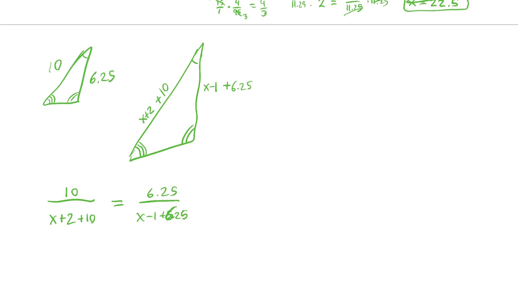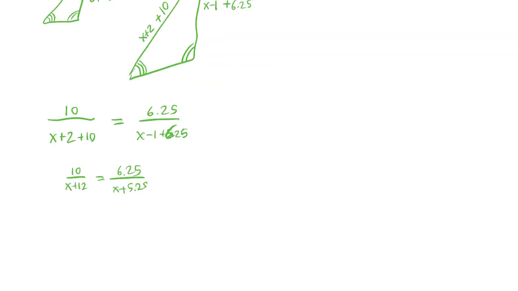So here we go, down here. This is 10 over x plus 12 equals 6.25 over x plus 5.25. Then we cross multiply, so we get 10 times x plus 5.25, so that's 10x plus 52.5 equals 6.25, distributing it in, 6.25 times x plus 12.